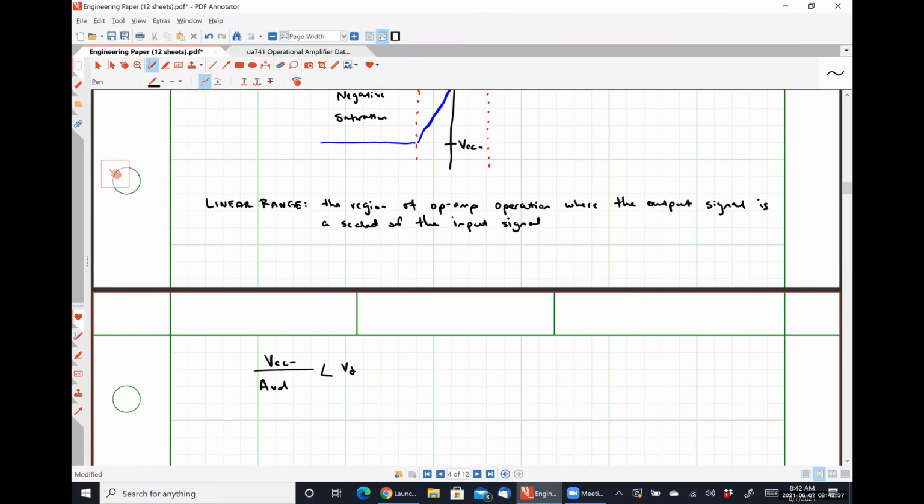So when VD, our differential voltage, is greater than that quantity, and our differential voltage VD is less than VCC plus over our open loop gain, this is our linear range, okay?